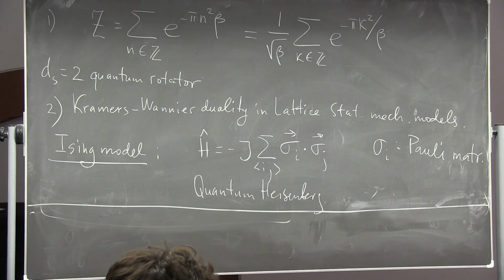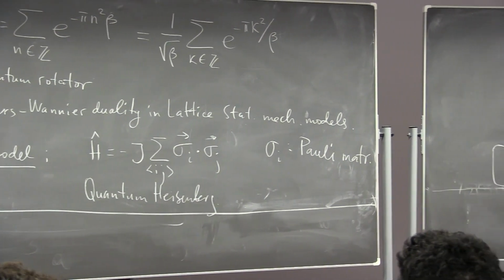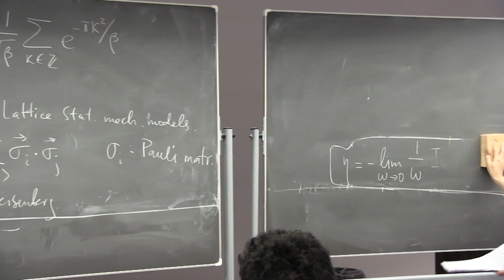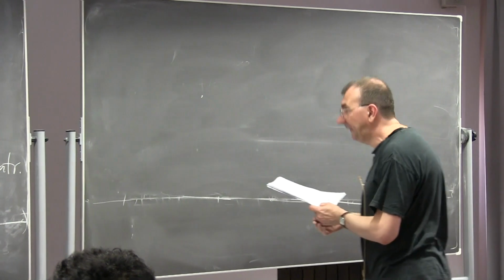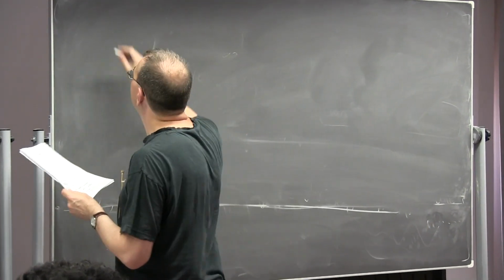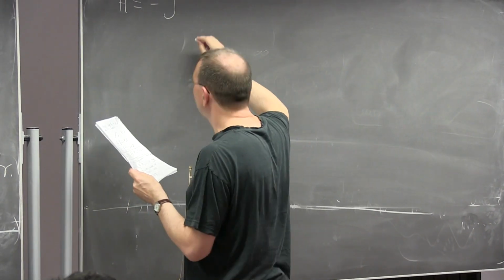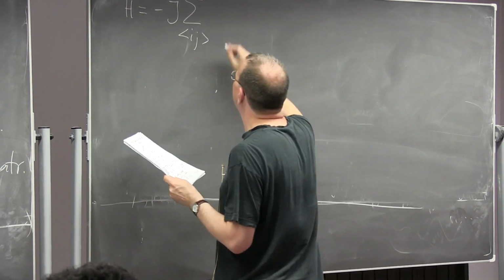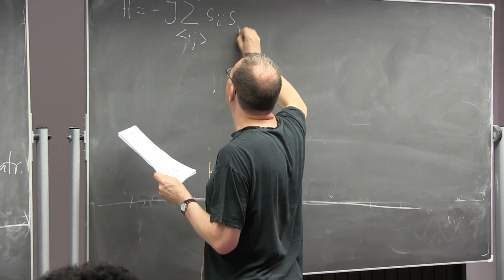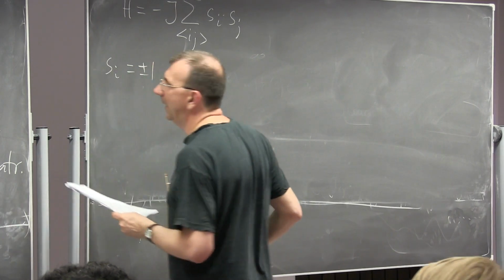And instead, use a simpler model where you have a Hamiltonian of the form minus J, which is a coupling constant, and then a sum over nearest neighbor interactions of two scalars, s_i and s_j, where each s_i takes values only plus or minus 1.